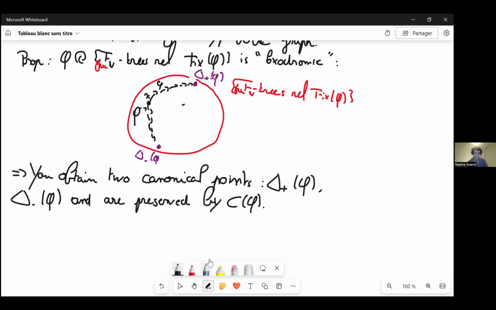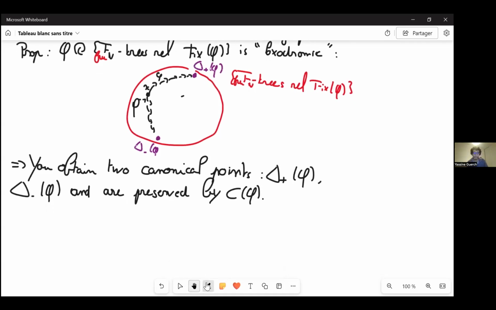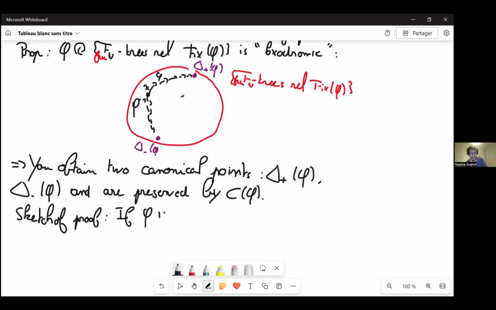So for the last 3 minutes, I will just sketch a proof of this proposition. This is because otherwise, if phi is not loxodromic, you will find another element in the centralizer of phi, which will be loxodromic.